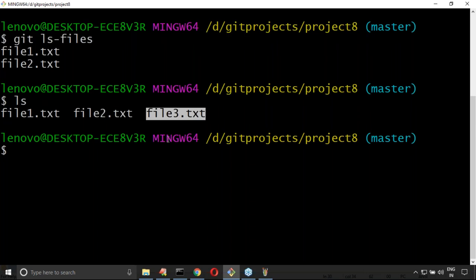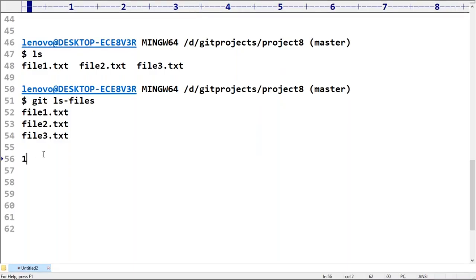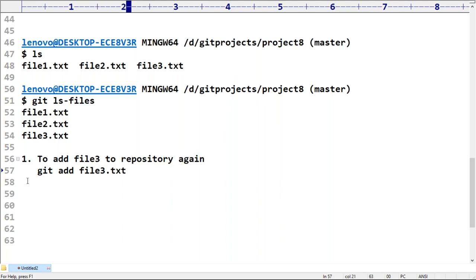If you want to add file 3 to the repository again, what is the way? git add file3.txt, because it is there in the working directory. And then git commit -m "file 3 added again".